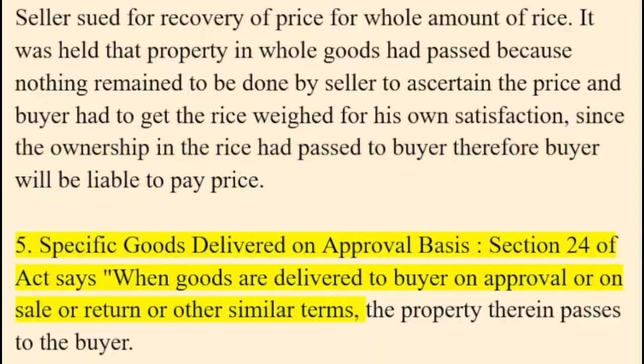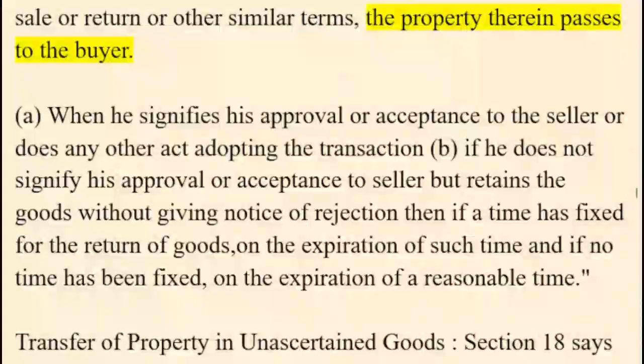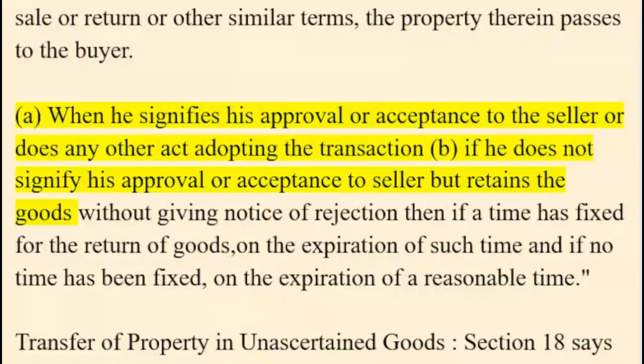5. Specific goods delivered on approval basis. Section 24 of the Act says, when goods are delivered to the buyer on approval or on sale or return or other similar terms, the property therein passes to the buyer: A. When he signifies his approval or acceptance to the seller or does any other act adopting the transaction.